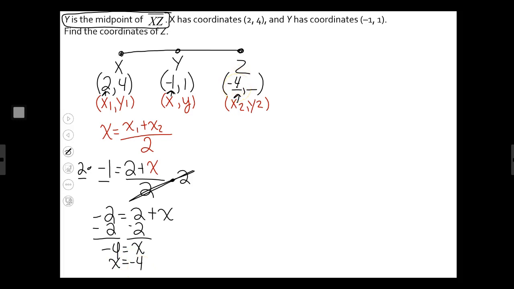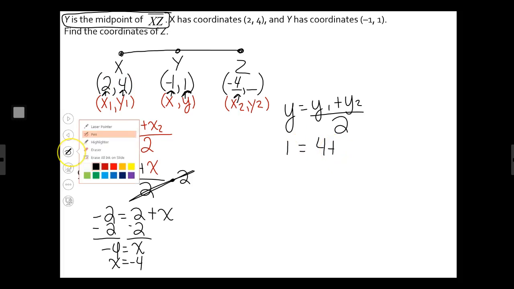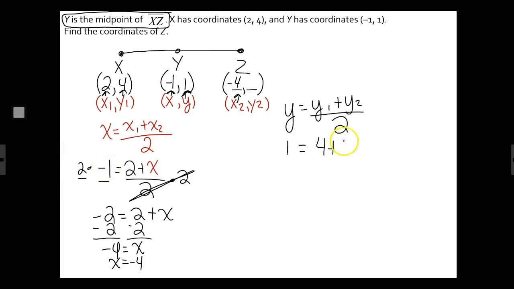Now do the same thing with my y. y equals y1 plus y2 over 2. I substitute my y right here, which is 1. My y1 is 4. y2, I don't know, so that is what I'm solving for. You see, there's nothing there.